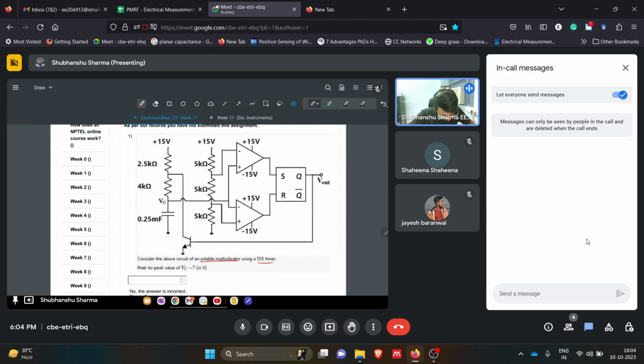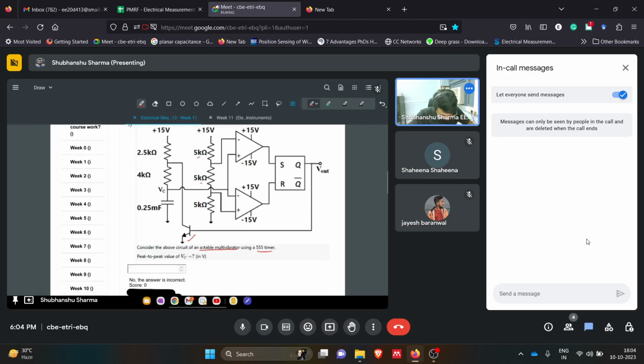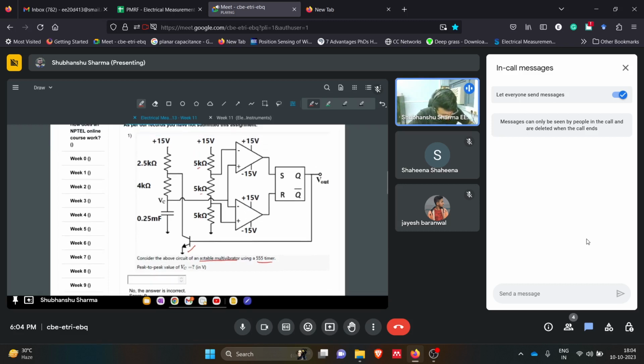We have these resistors and this feedback loop with this transistor acting as feedback, and we get a timer circuit. You have seen this in lectures. What they're asking is to calculate the peak to peak value of VC. So we have this VC here, and we have to calculate the peak value of this VC.